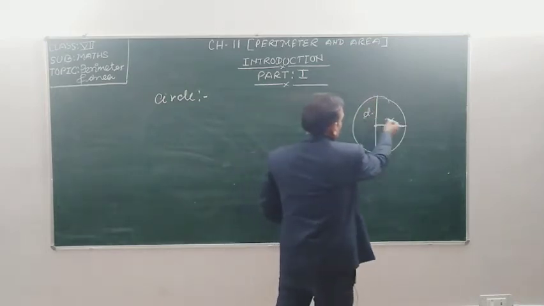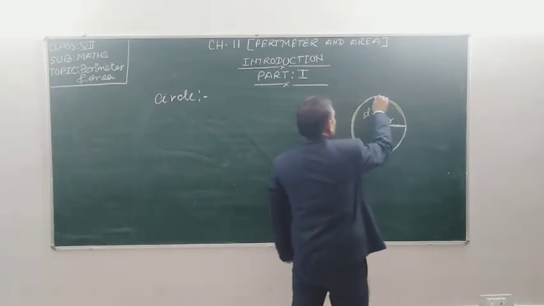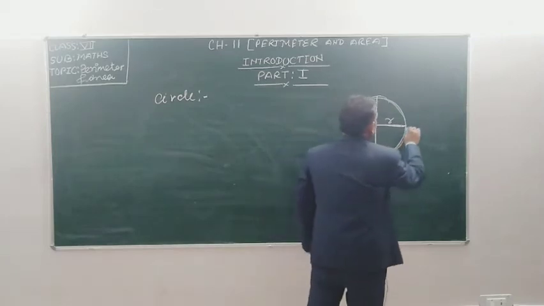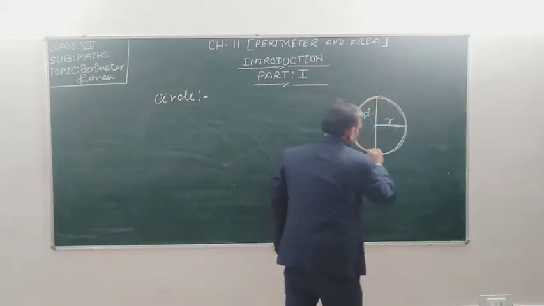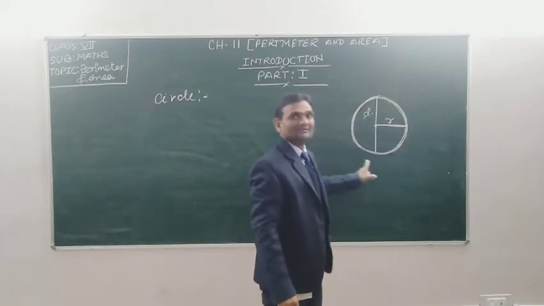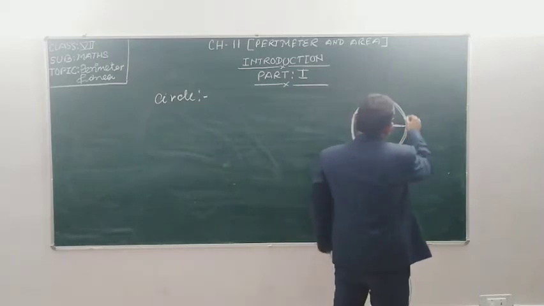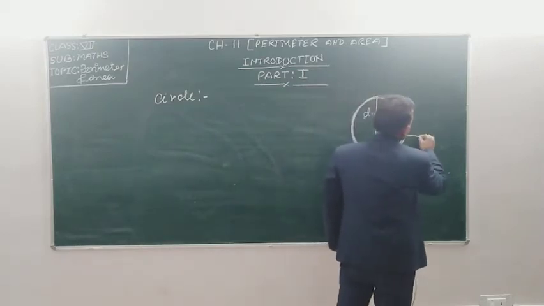So this is the diameter, this is the radius, and this distance, student, this is the boundary. This distance is called the boundary of the circle. So this is the perimeter, and in circle this distance we say circumference.